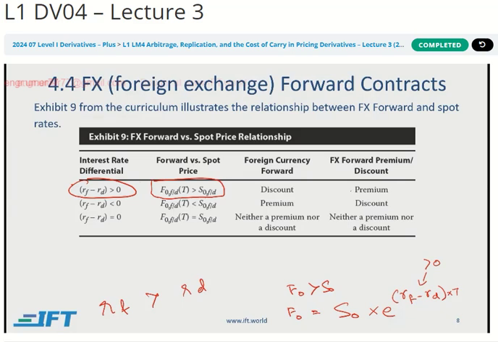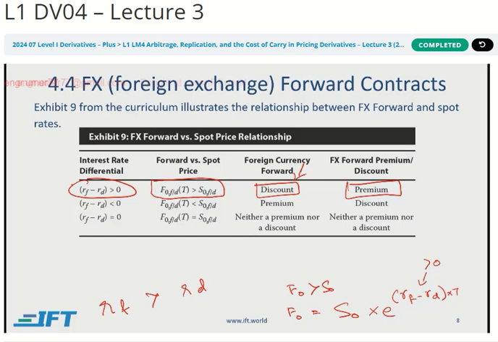Since the future price is greater than the spot price, it will be trading at a premium. However, from the perspective of the currency, because the currency is getting weaker, we will say the foreign currency forward is at a discount. Now, this is a tricky part, and this is something you may have to just learn, or if you really want to understand it, you have to think about it.